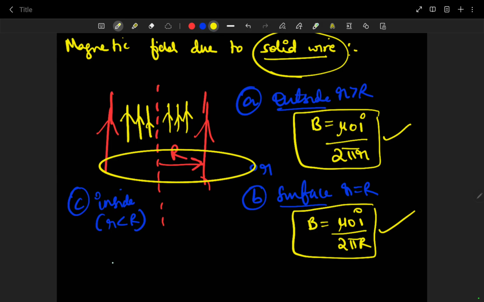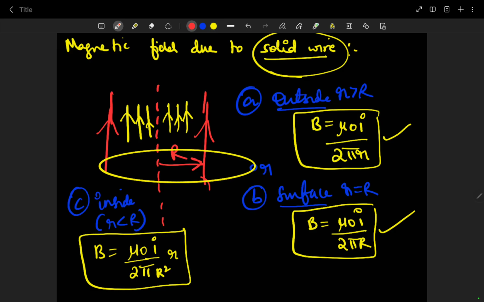So for this, the expression is going to be B = mu naught I r by 2 pi R square. Write this properly in your notes because this is capital R and this is small r. If I explain why the expression is changing for the inside case: inside this solid wire there are multiple wires.